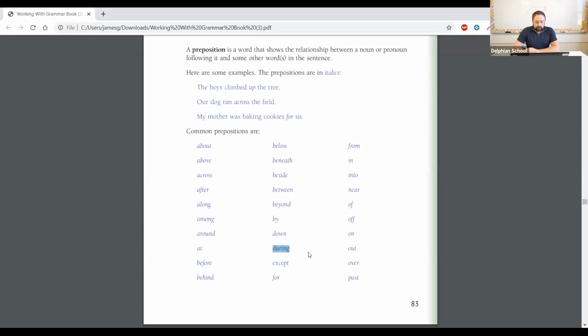During is a preposition. But if I'm saying that we were eating popcorn during the movie, during is not a physical spot. It's not a physical connection between two things. In that case, the relationship is a relationship in time. It's showing you when something happened.